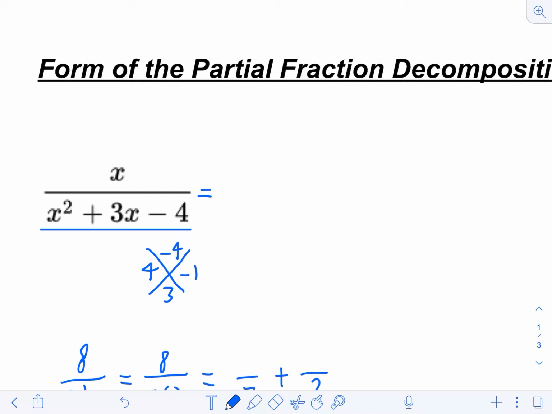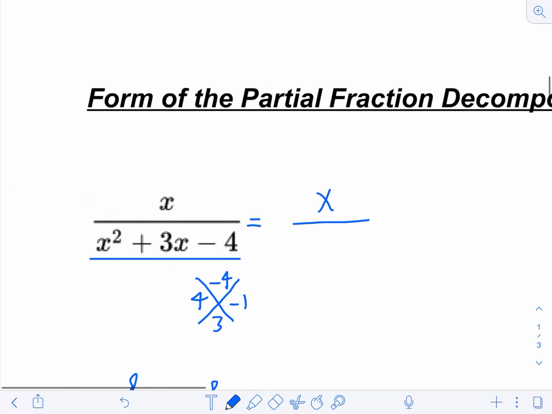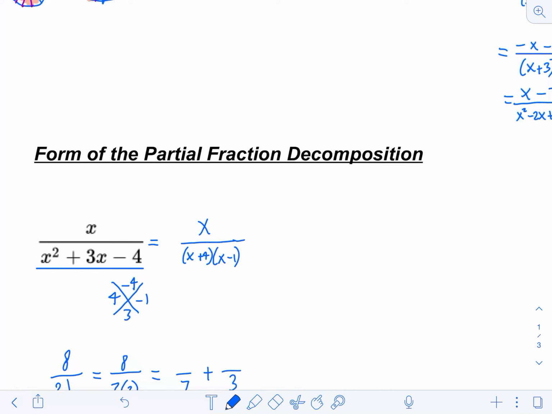So this expression can be rewritten as x times over x plus 4 times x minus 1. But because those are 2 separate factors, we can actually break that into x plus 4 on one and x minus 1 on the other.